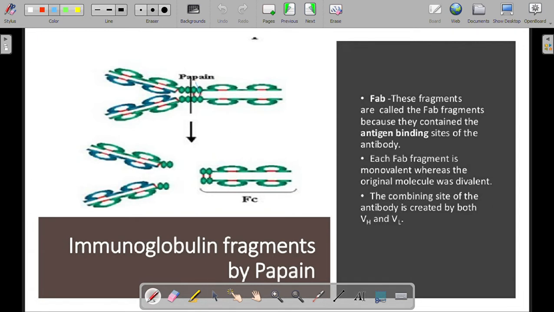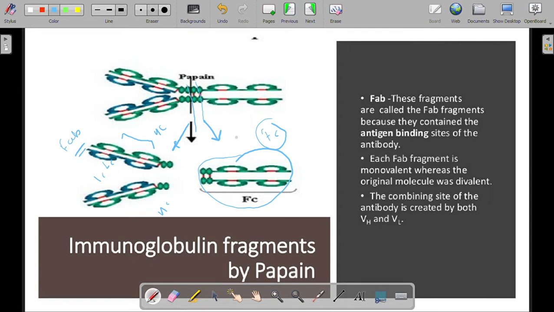Papain digestion divides the immunoglobulin into two parts mainly. One contains the heavy chain fragment and the light chain fragment, and the other portion contains only the heavy chain fragment. That is the Fc portion, and this is called the Fab portion.